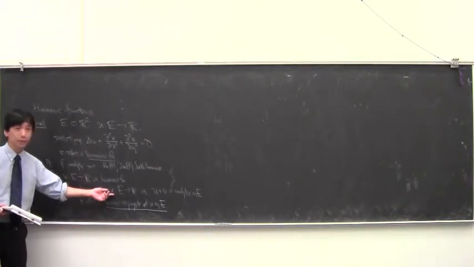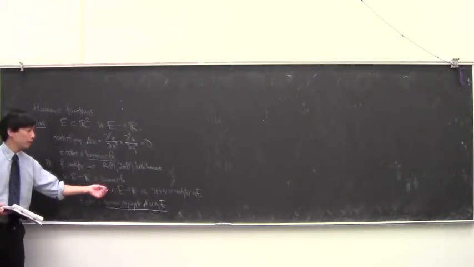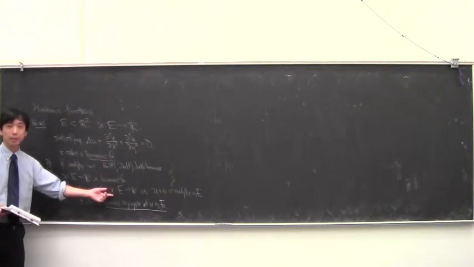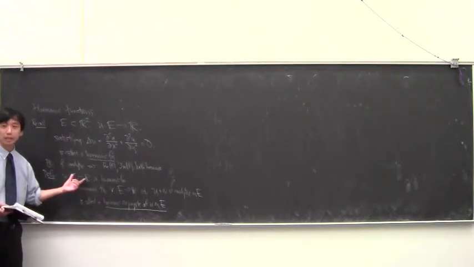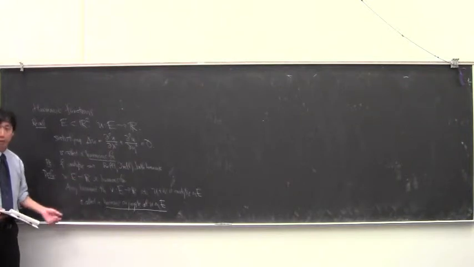If there's some other function such that i times that function added to u makes an analytic function, then that function is your harmonic conjugate.